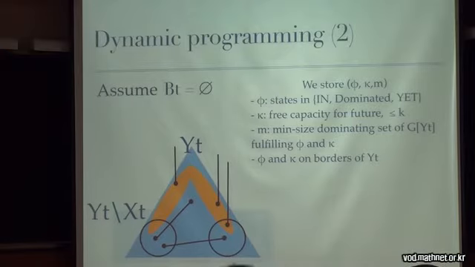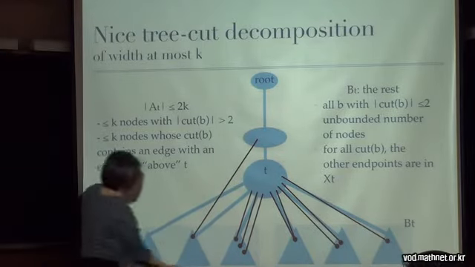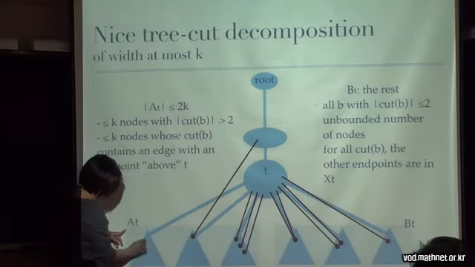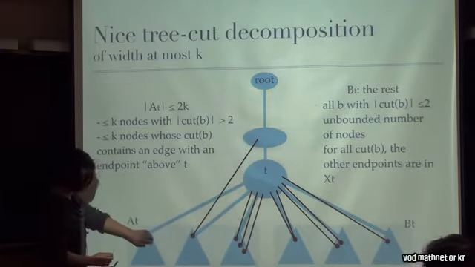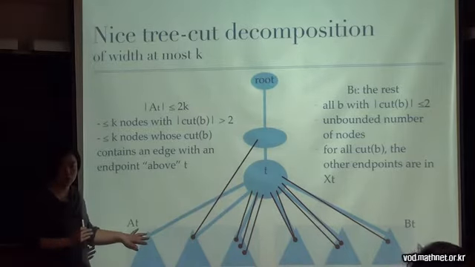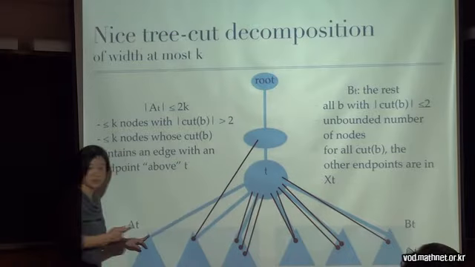So basically, because at AT you have bounded children, and for each child, the vertices induced by this subtree which interact with the rest should be at most k, because the cut size along this edge is at most k.